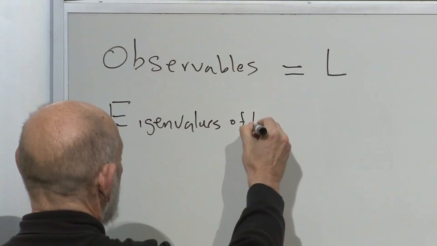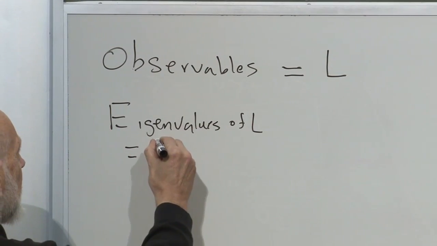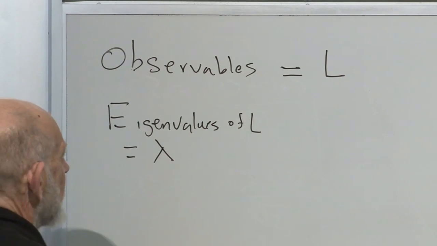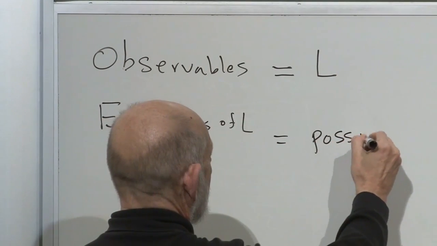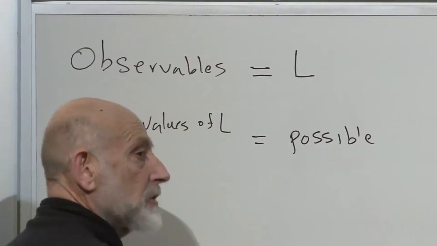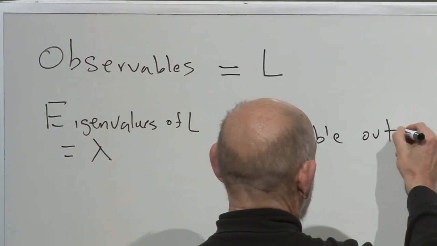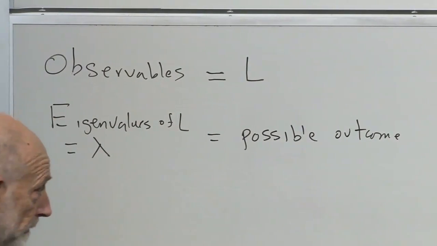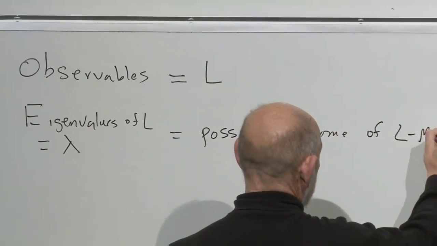They represent the possible outcomes of an experiment to measure L.